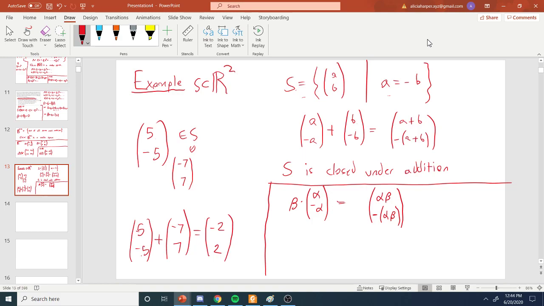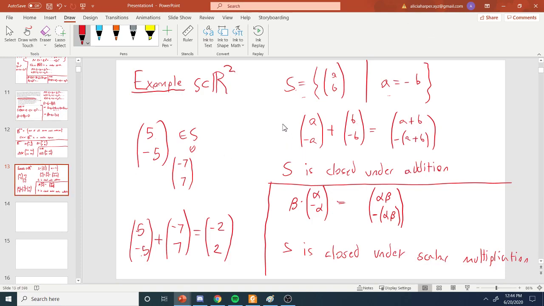So if you take any vector in S and you multiply it by a scalar, you get back another vector in S. So S is closed under scalar multiplication.